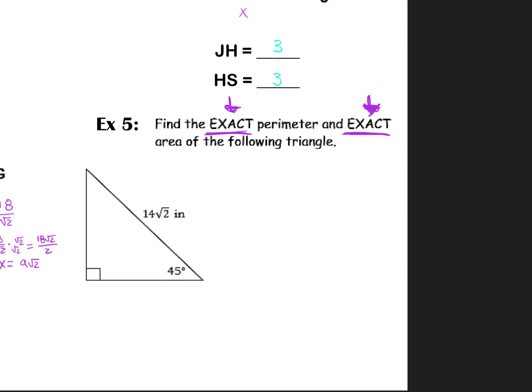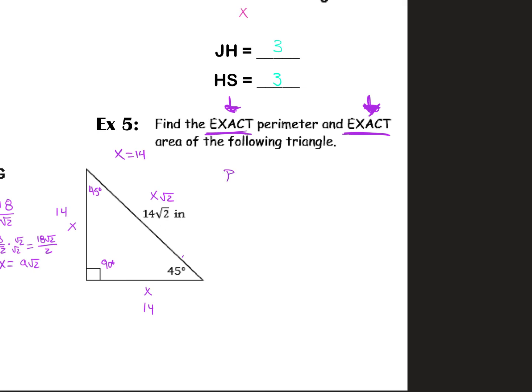All right, so 14 radical 2, and we're given a 45-degree angle, and then we're given a 90-degree angle here. And so you should be able to infer that this is 45 degrees because we know that there's 180 degrees total in a triangle. So we know that this is x, and this is x radical 2. So we should be able to say that this is 14. This is 14 because x is going to equal 14.